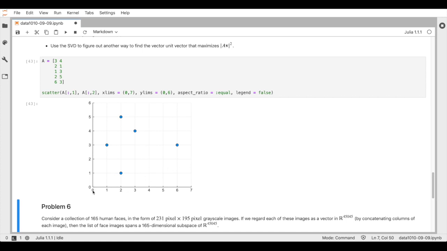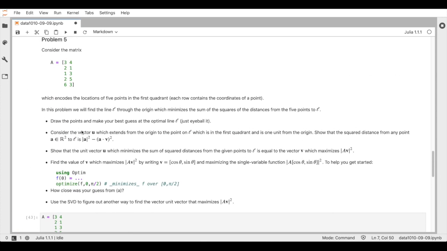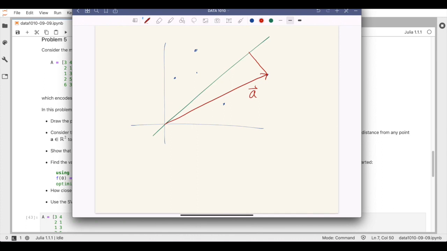So we're going to draw a line sort of cutting through here, and the idea is that the sum of squared distances to those 5 points, measuring directly from the point to the line, is going to be as small as possible. So let's take a look at that. If we have a point here, call it A, and we want to know how far it is to the line through the origin running along the vector, let's call it V, then we want to know this distance.